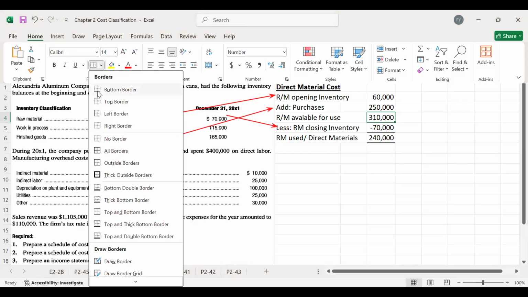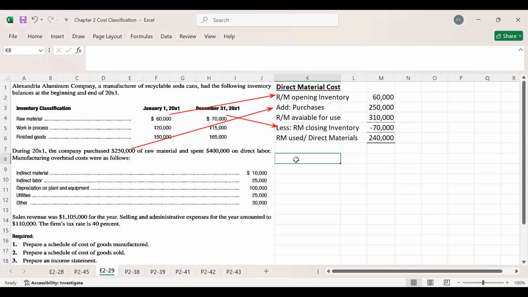We have calculated raw material used or direct material used. Now the second step is to calculate total manufacturing costs, or you can say we are going to prepare schedule of cost of goods manufactured.